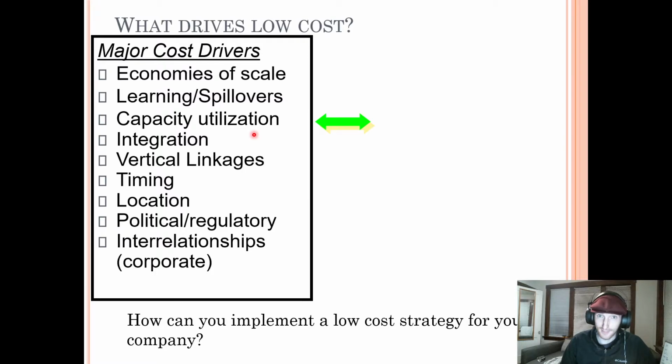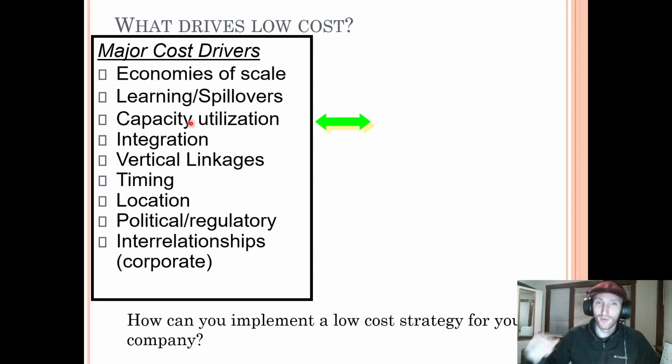We want to produce as close to our capacity as possible. Because think about it, if we have a capacity to produce 10,000 and we're only producing 5, we're still paying rent, and our other machines are just sitting idle, so it's costing us money, and we're not utilizing them for anything.